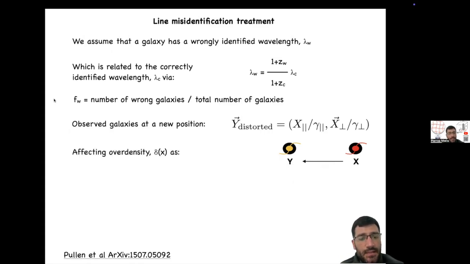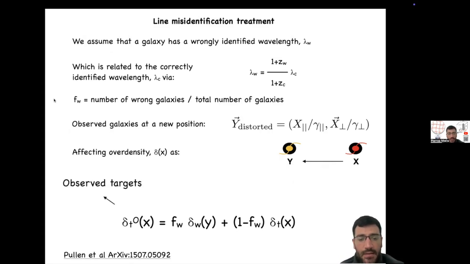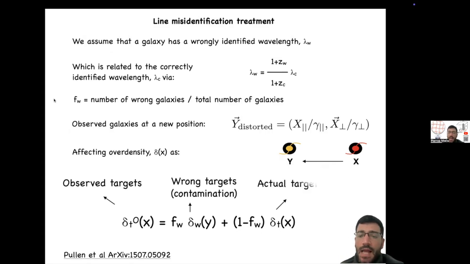Therefore, the overdensity is affected as follows. We have the observed targets, and this includes the wrong targets, the contamination, and the actual targets that we would like to observe.